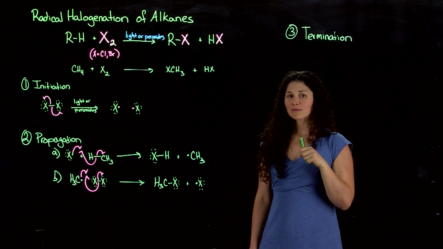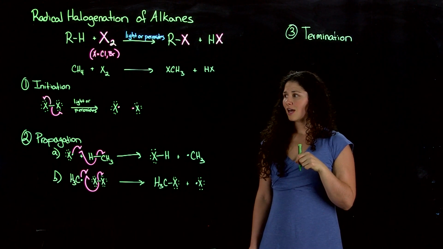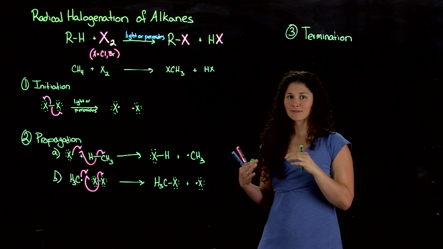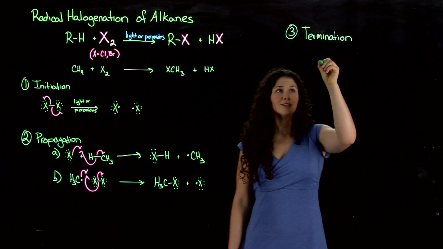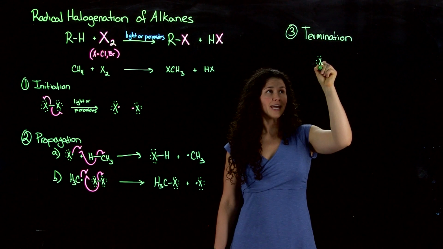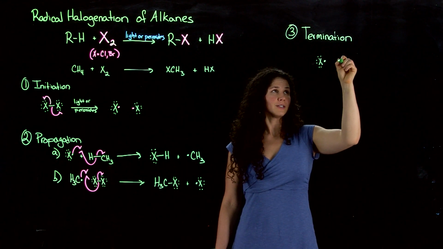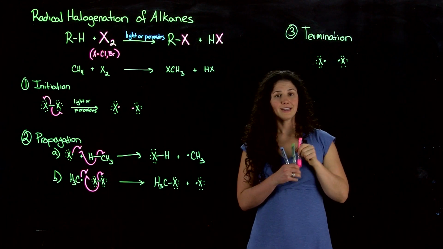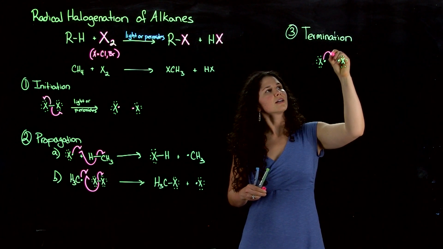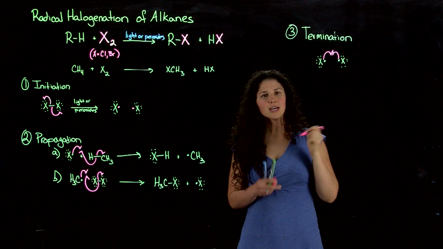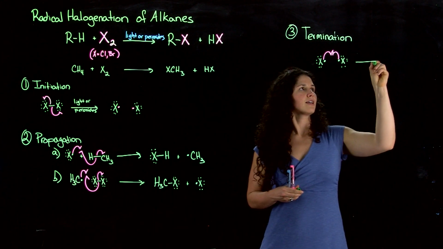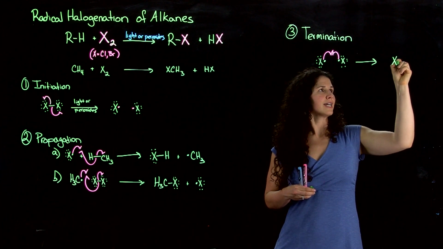In this case, I have three possible termination steps from combining my potential radicals in different ways. I have halide radicals, and I could combine two of those. Here I'm going to take one electron from each of the halogens and make a new dihalide bond.